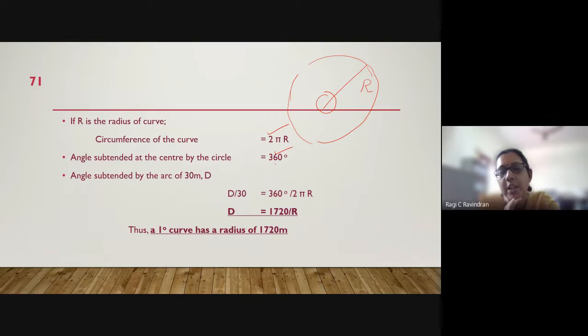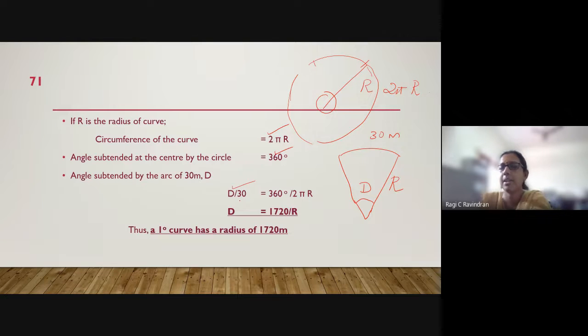Now you need to know the angle subtended by an arc of 30 meter, whose radius is capital R and the entire circumference is 2 pi R.